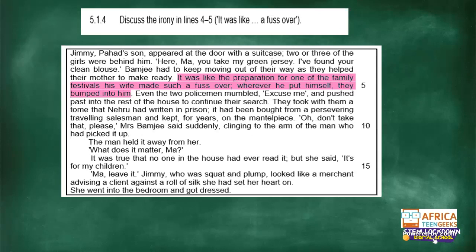That we know for sure, and we already know what irony is. But how would you explain what is happening here? I want you guys to just have a quick browse at the extract in front of you. There are 2 policemen. There are people being pushed.